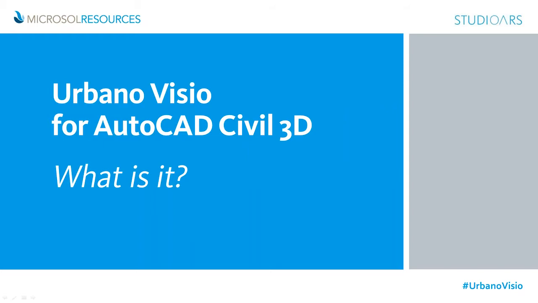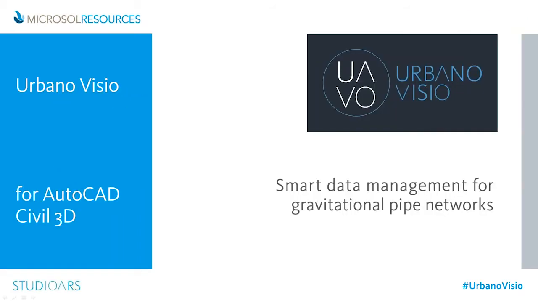What you need is some sort of solution to manage all this data and the increasing amount of data you will be handling. So this is why we introduced Urbano Visio, which is an add-in for Civil 3D to help you with data management with your gravity pipe networks.